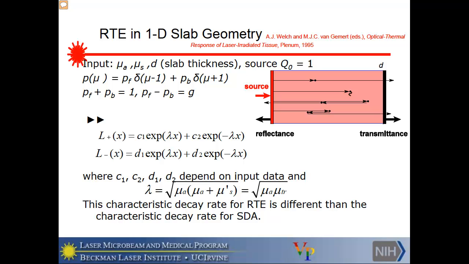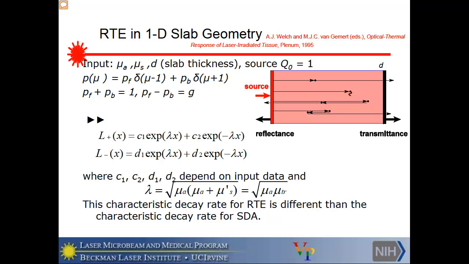And if you separate those two components, each one is going to have the characteristics of an exponential. But they're going to be connected with each other because you can have turnaround scattering, back scattering. So you have a coupled system of first order differential equations. So they lead to solutions. L plus is the solution heading left to right. L minus is heading right to left.